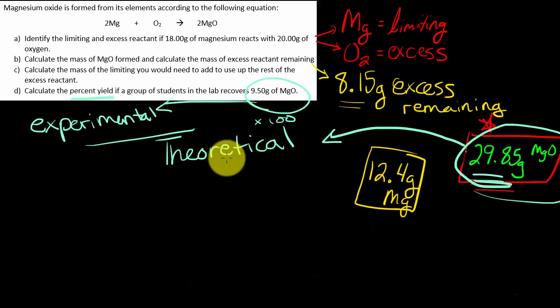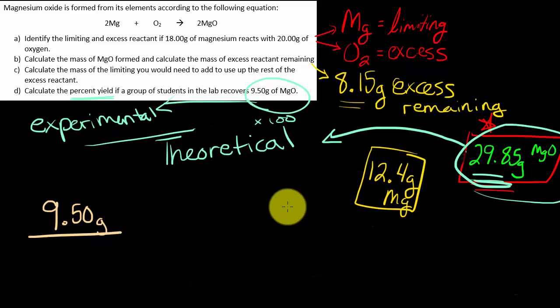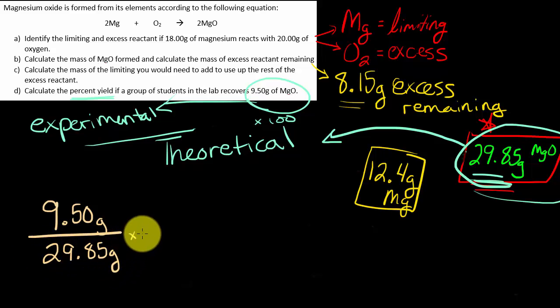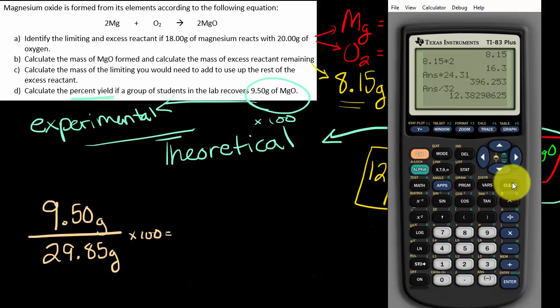of course times 100, which just scales it up to 100. So that's what we'll do here. We have the experimental yield, 9.50 grams of magnesium oxide, divided by the theoretical yield, 29.85 grams, and then we'll multiply that by 100. Or if you don't like multiplying by 100, you can just move the decimal over twice. So let's go over to our calculator.